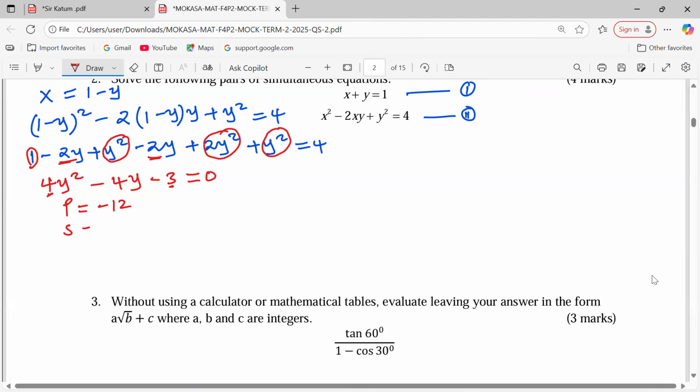Then the sum of the same factors equals the value of B. The value of B is -4. So which are these two factors? Their product, -12. Their sum, -4. This is -6 and +2, multiplied to give us -12, added to give us -4.